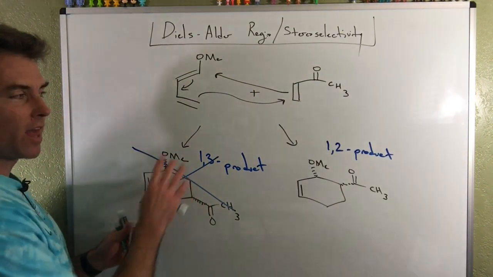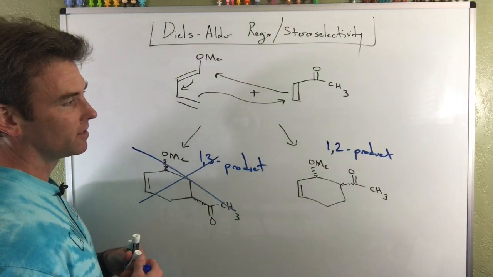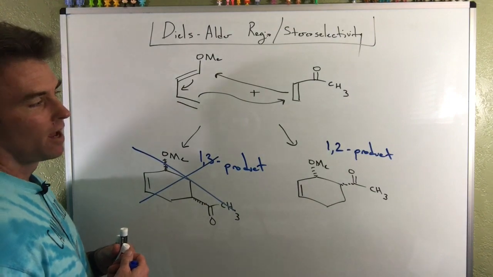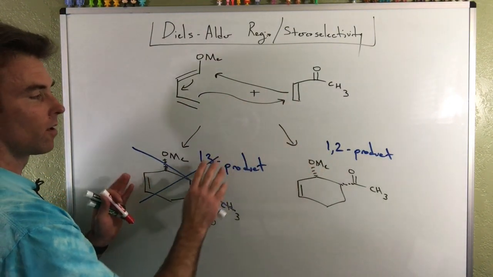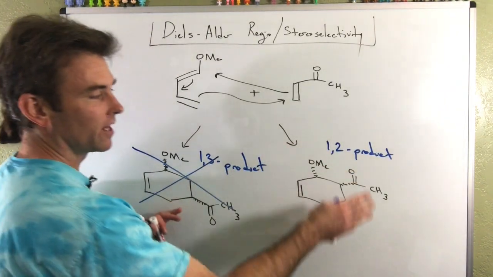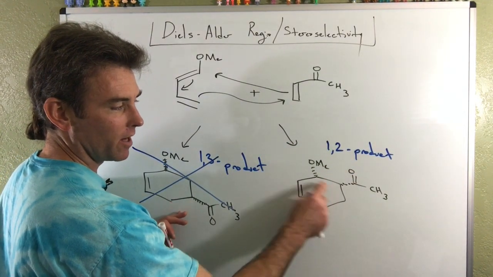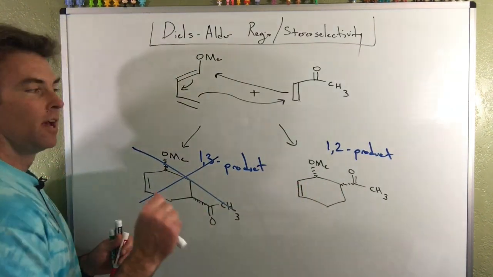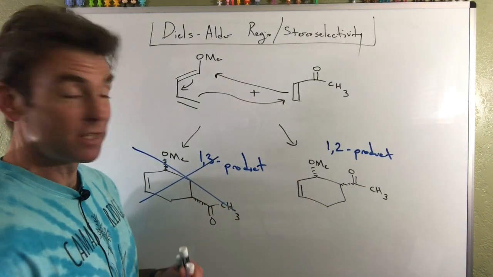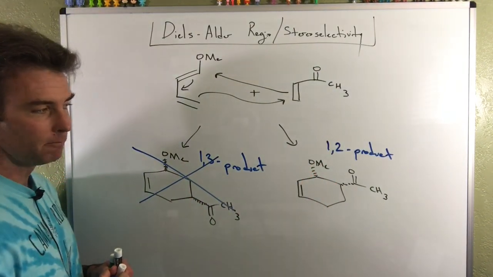The reasons come from a resonance argument that your book does a really good job describing, if I remember correctly. So in a case like this, where we could get a 1,2 or a 1,3 product, we exclusively get the 1,2 product in terms of regiochemistry, in terms of how the substituents are organized. Of course, it's also stereospecific, such that those two things have to end up on the very same side.